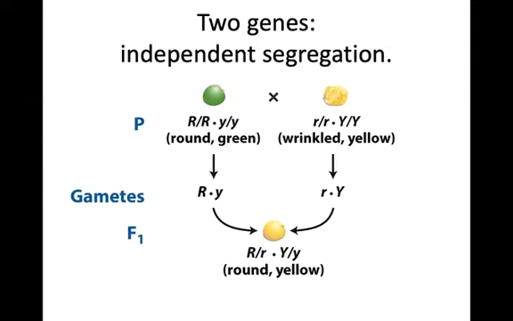So the important point here is that the segregation of big R with little r is not going to influence the segregation of big Y with little y. Now the importance of that, like that they're independent, remember that if we're trying to calculate the probability of one outcome and another outcome, like the probability that the first child is a boy and the second child is a boy, if they're independent, you just multiply those probabilities.